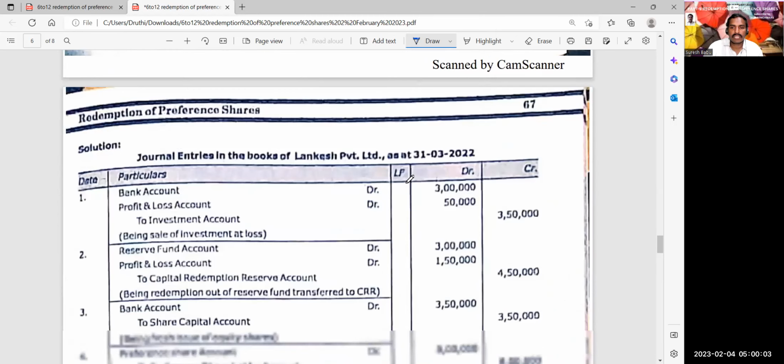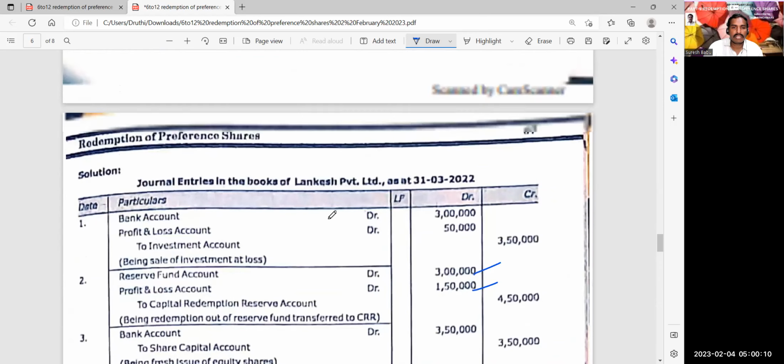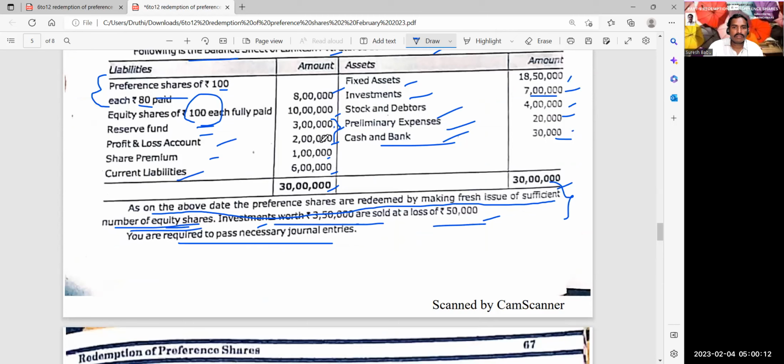See here, the journal entry. Reserve fund 3 lakhs you have. Profit and loss account 1,50,000 rupees. Why 1,50,000? Out of 2 lakh rupees profit, 50,000 rupees loss is being booked on investments while selling.